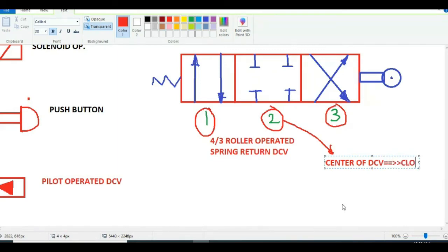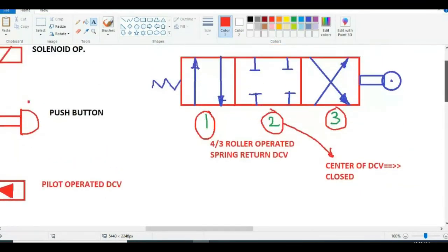Right now, the center position is closed. So you can also include this in your direction control valve name: 4 by 3 roller operated direction control valve, having the center closed, with spring return.